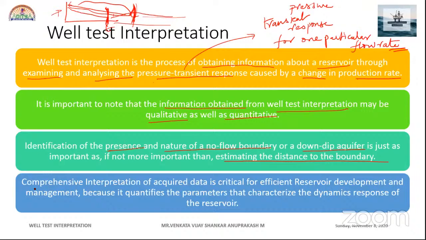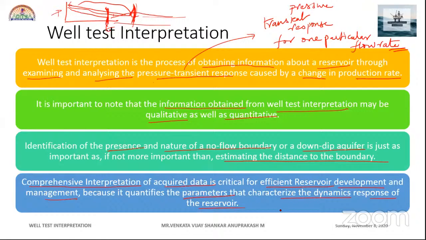So that is why the comprehensive interpretation of acquired data is critical for efficient reservoir development and management, because it quantifies the parameters that characterize the dynamic response of the reservoir.